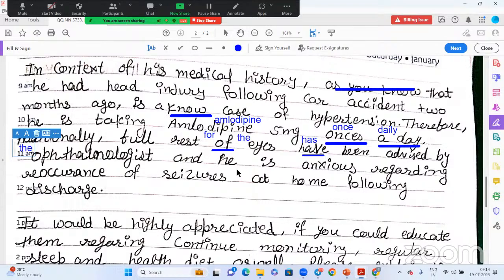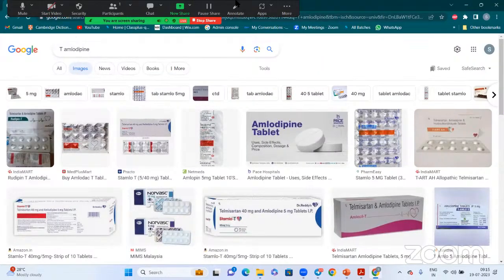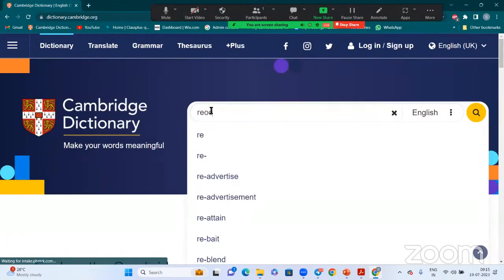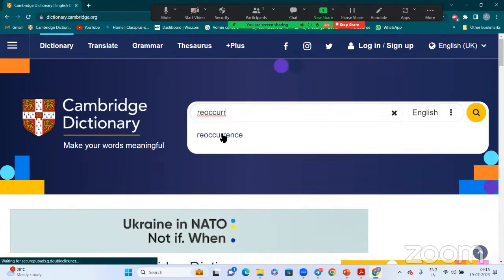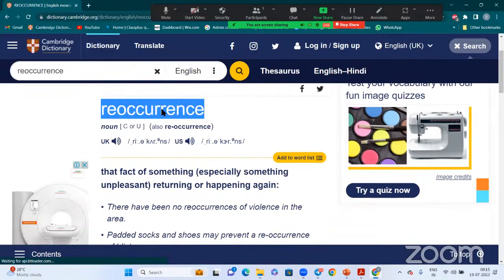And he is anxious regarding the occurrence of seizures. You can put a full stop here. Regarding reoccurrence, spelling: reoccurrence or recurrence, you can take any spelling.